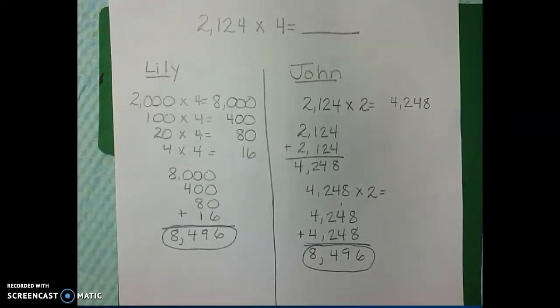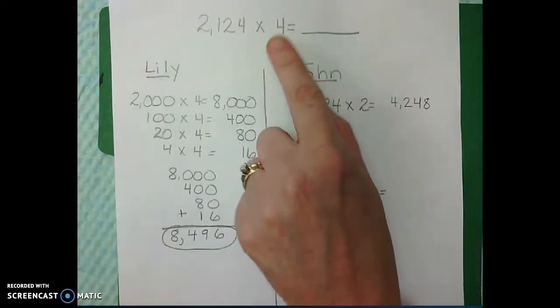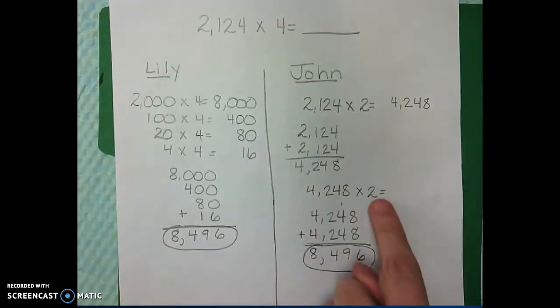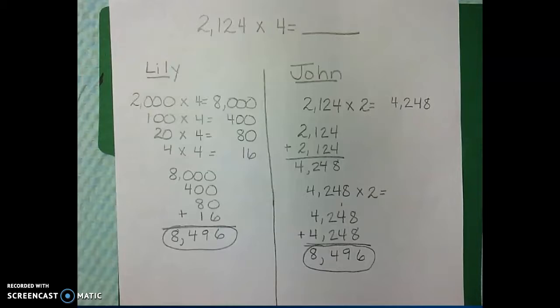Sometimes I broke the number apart, and sometimes I changed the numbers to an easier number to multiply, a friendly number. Some of you may say, well, it was pretty similar, except I usually just broke the 4-digit number apart, decomposed it, and kept the 1-digit number whole. Some of you may even say, well, sometimes like in this problem, I broke up the 1-digit number, like they did here, because it is easy to double the 4-digit number and double it again.